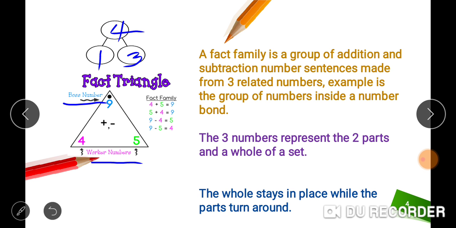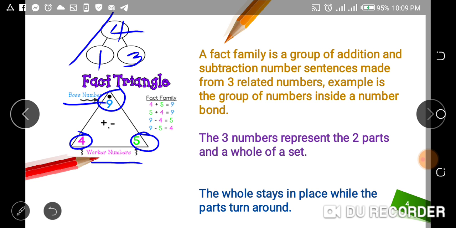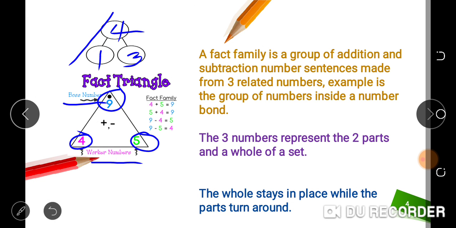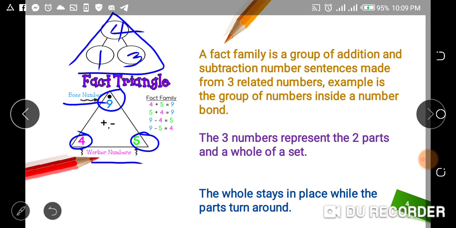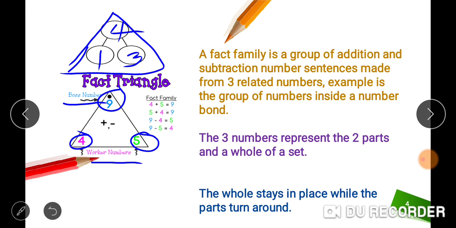The smaller numbers are usually at the bottom, while the biggest number is usually at the top. You can see that this triangle is just like your number bond. I can build a triangle around the number bond. Can you see it? It's just similar to what is here.